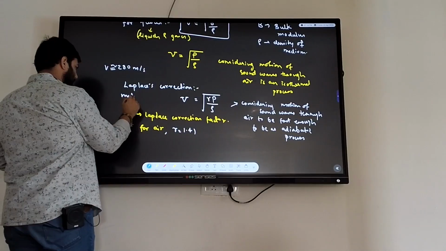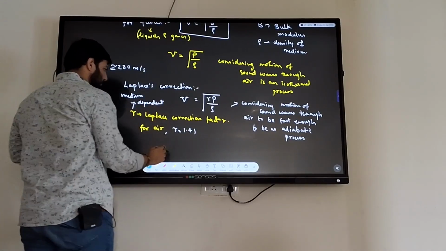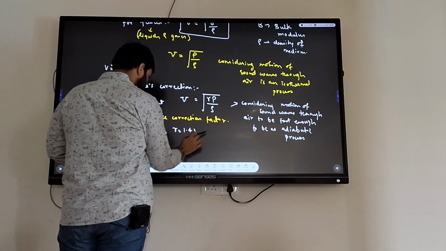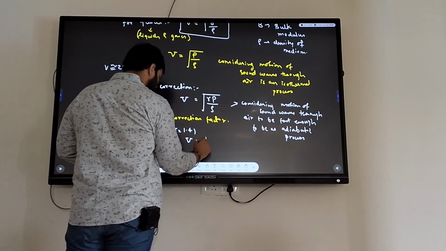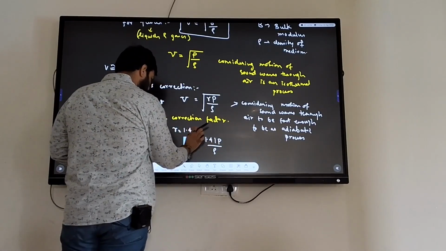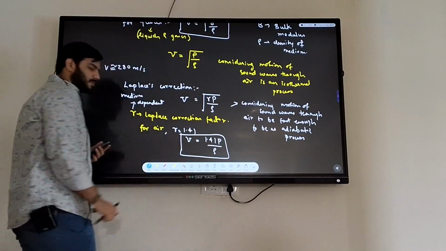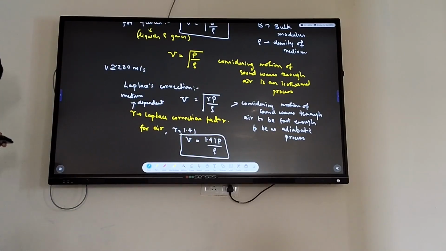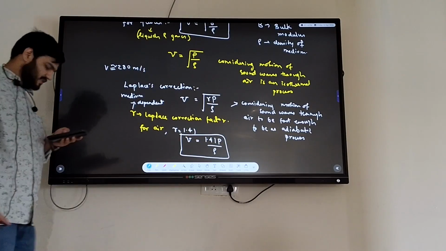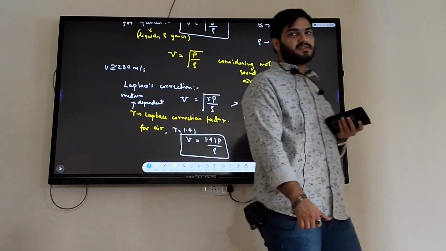And if I say this, then the velocity is root of 1.41 P by rho, and when you put in the values, you will get the answer 330 exactly. 330 or 332? 332. That's a very good approximation if you take the normal temperature and pressure values.